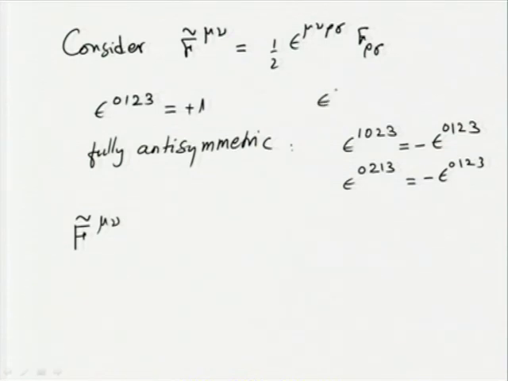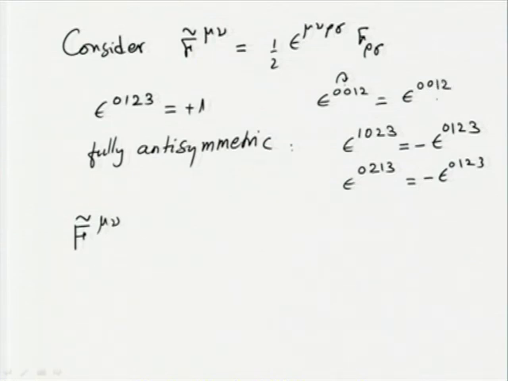For example, epsilon 0, 0, 1, 2 equals epsilon with the first and second interchanged, which is the same thing.